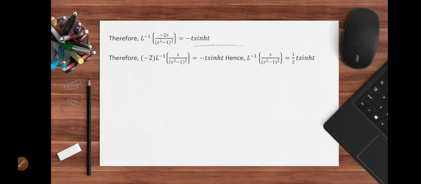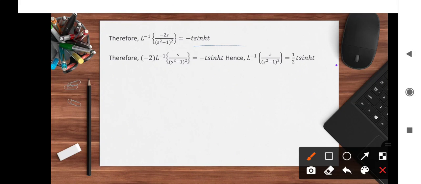Therefore minus 2 L inverse of s upon (s square minus 1) whole square is equal to minus t sinh t. On both the sides, minus 1 is a multiplier which gets cancelled, and you can take this 2 on the LHS as 1 by 2 on the RHS. So this is our latest result, L inverse of s upon (s square minus 1) whole square.